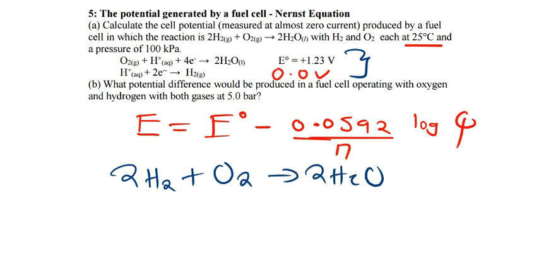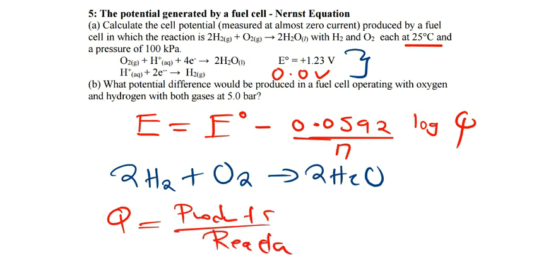So the calculation of K and Q is products over the reactants, right? Don't forget your equilibrium.